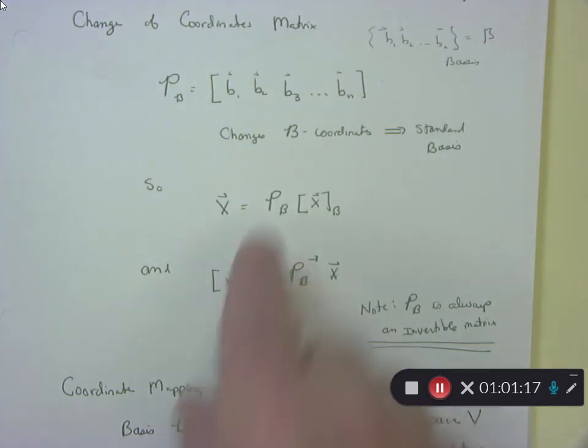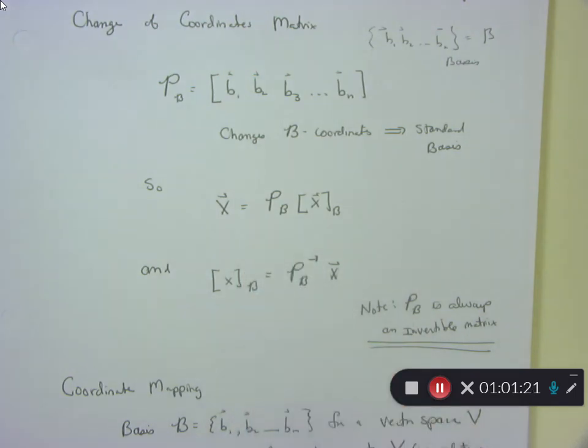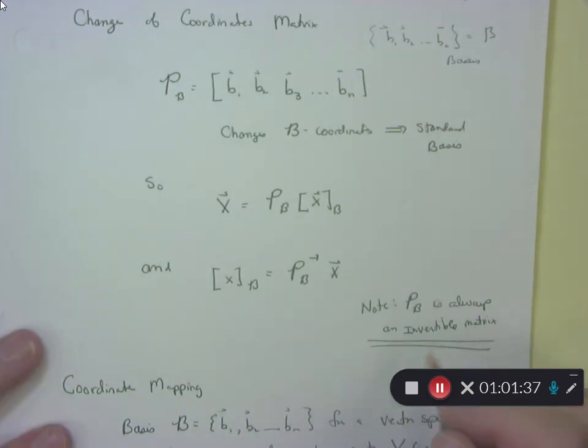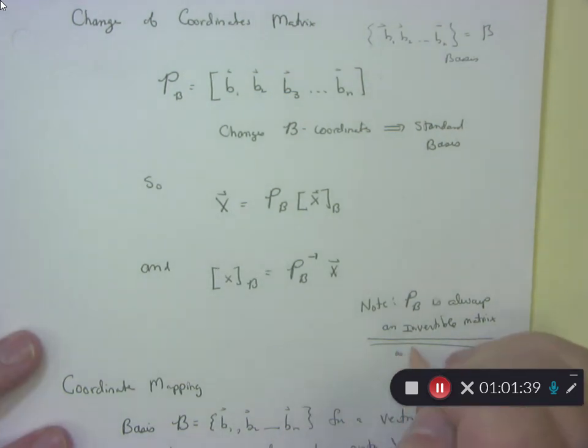So what I'm going to have here is a 4 by 3. Is that going to be invertible? Why not? What do invertible matrices always have in common? They've got to be what? Square. As long as this P matrix is square, then it's invertible.